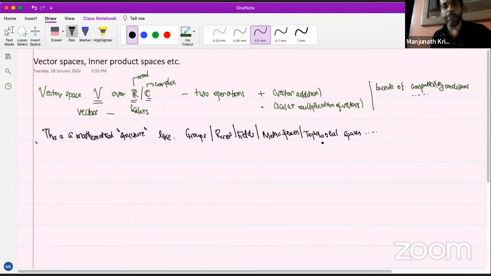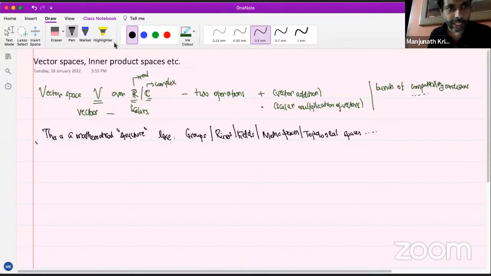There are any number of mathematical structures. The simplest maybe are even sets, but let's say groups, rings, fields, all these are mathematical structures. Like that, a vector space is a mathematical structure, and it is one of the simplest ones and very important.